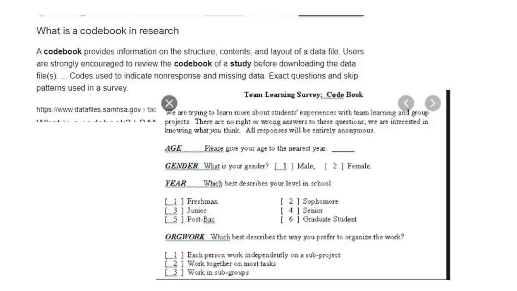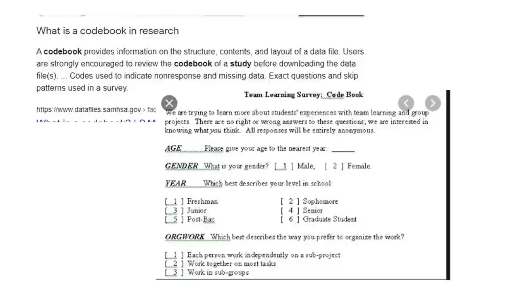Like the example shown here is a questionnaire. So you have age, that's a specific number which doesn't need any code. For gender, you just have to choose 1 or 2, and that would be the code: 1 for male and 2 for female.